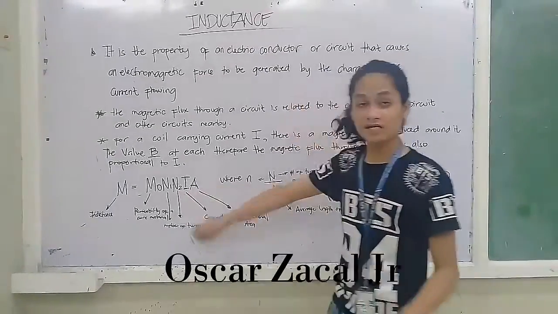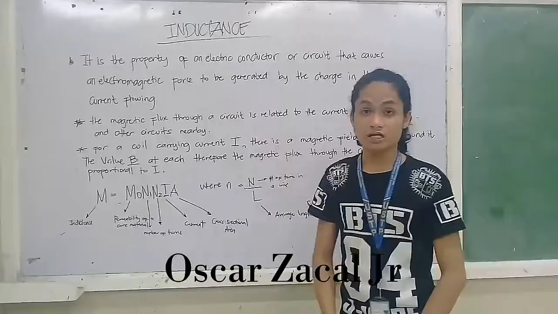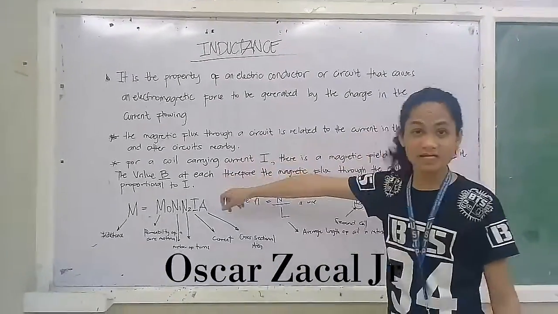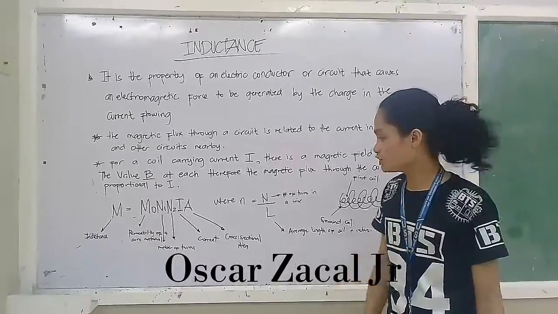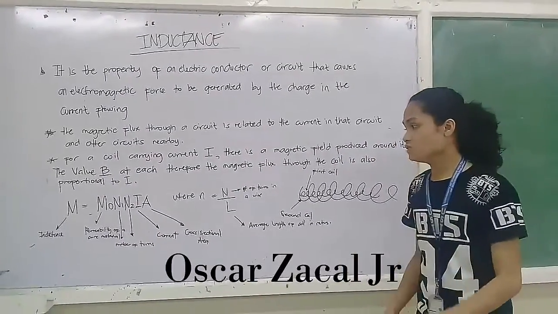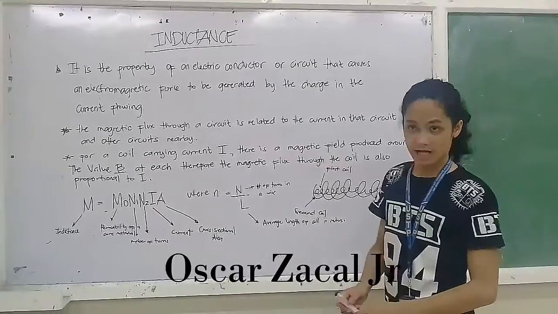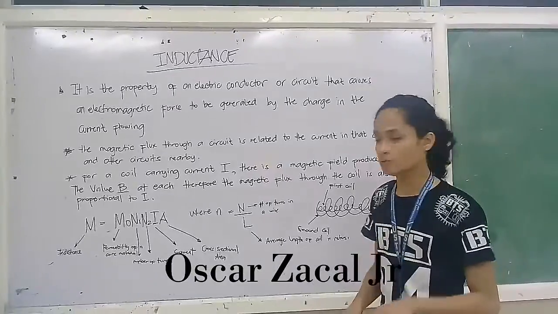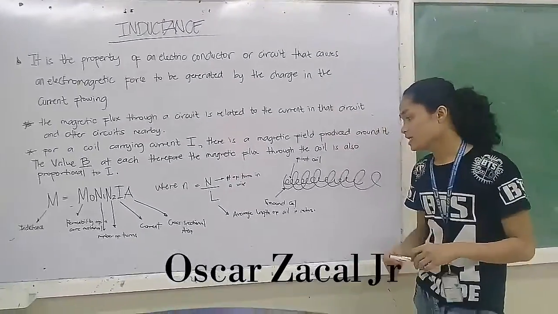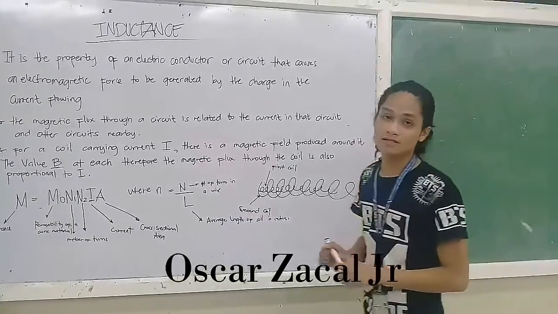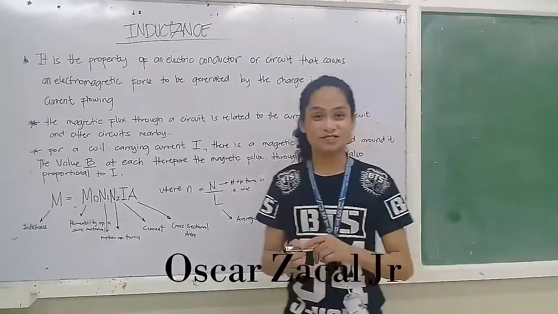Then we have I, which is our current, and last we have A, which is the cross-sectional area, where N over l is the number of turns in a wire over the average length of a coil in meters.